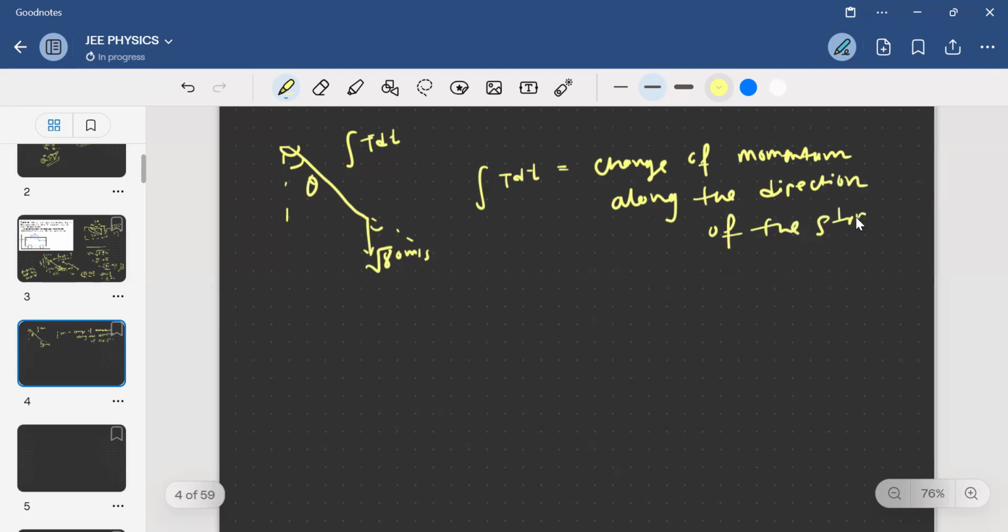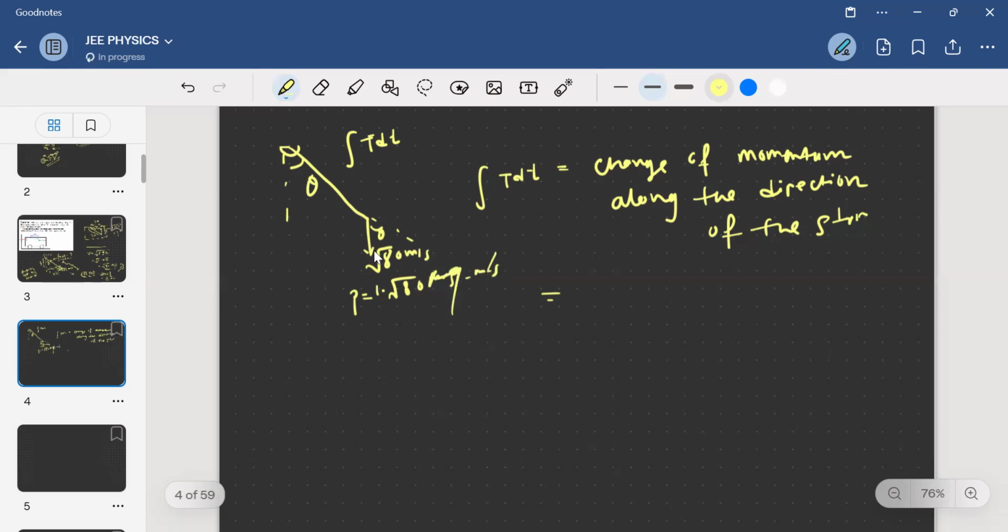So what is the momentum? P equals 1 into root 80 meter per second in the vertical direction, as the mass is 1 kg and the velocity is root 80 meter per second. So this is the momentum, in kg meter per second.